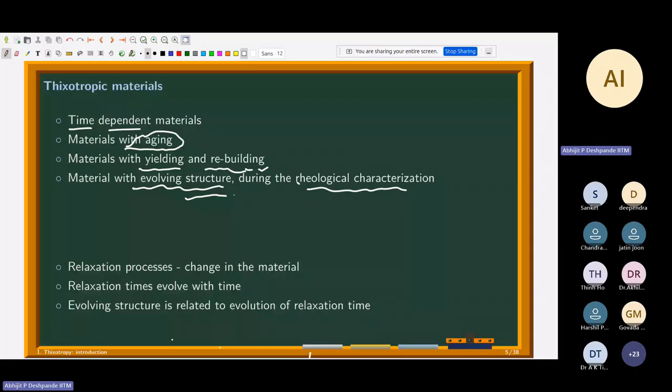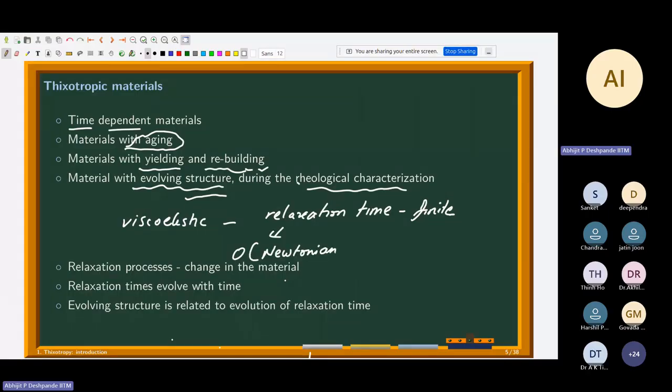One way to relate this is to a viscoelastic material. A viscoelastic material, as some of you may know, has a relaxation time which is finite. By that I mean, if the relaxation time is 0, then we have a Newtonian viscous fluid, and if the relaxation time is infinity, then we have a Hookean elastic solid.